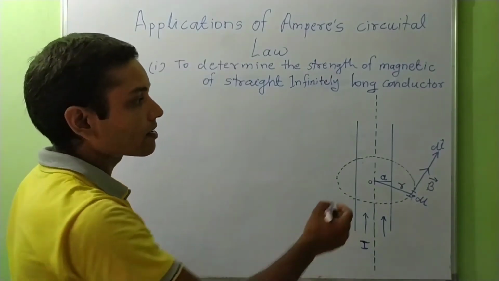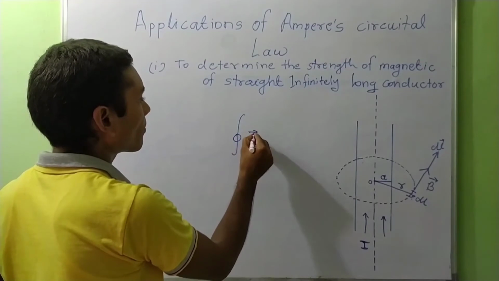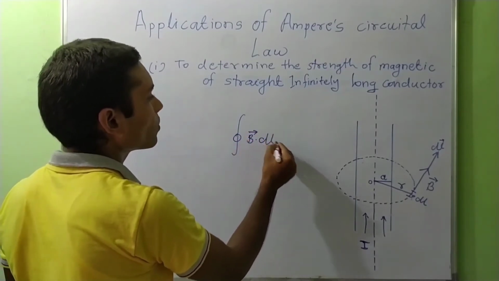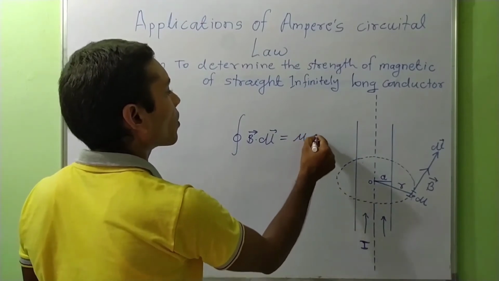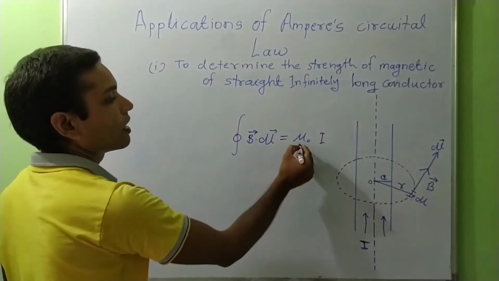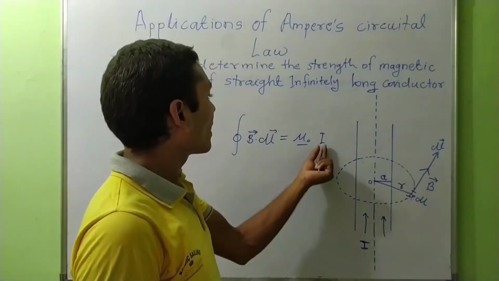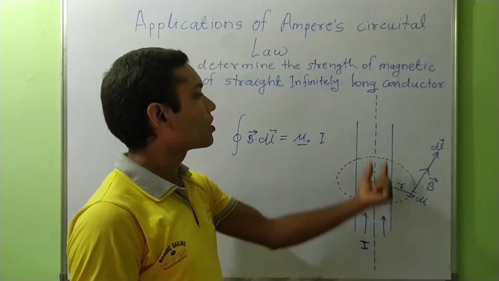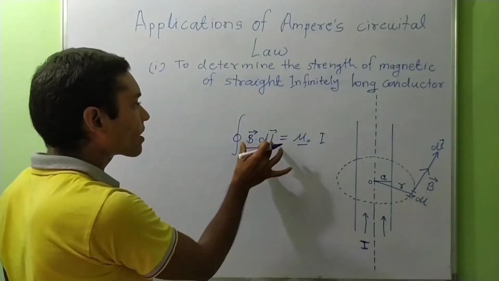By the Ampere circuital law, the line integration of magnetic field produced at point P is equal to mu naught into I, where mu naught is the absolute permeability and I is the current threading through the conductor. This is the dot product of two vectors.